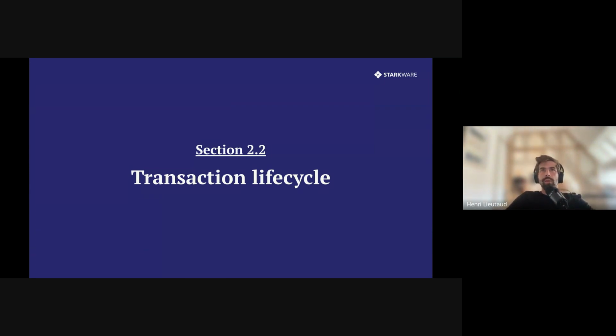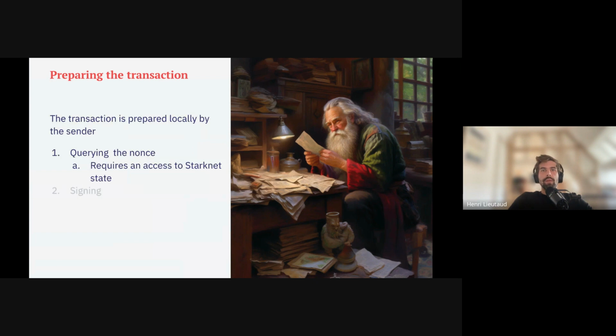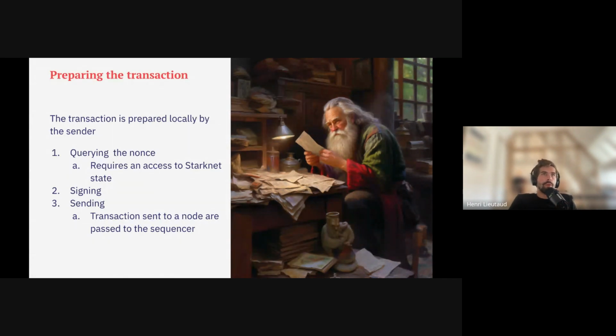All right, now let's talk about the transaction lifecycle, what happens once you send a transaction on Starknet. The first step is your transaction is getting prepared, like you prepare it client side. So locally in your browser or in the server of the dApp you're using, you name it, the transaction is prepared. So your software will query the nonce of your account, make sure that it can be included in your transaction.